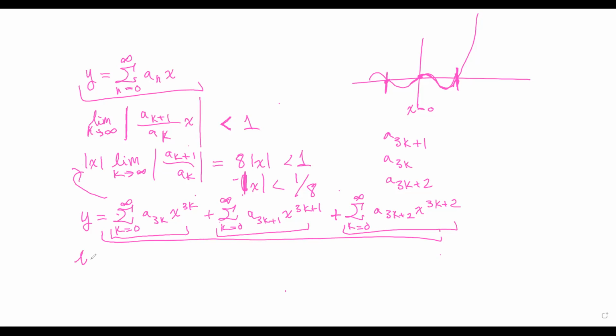So you would have the limit as k approaches infinity of a_(3(k+1)) divided by a_(3k), and then up above we have x^(3(k+1)) divided by x^(3k).